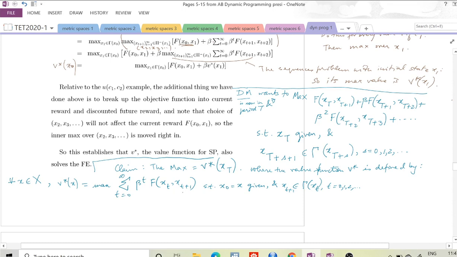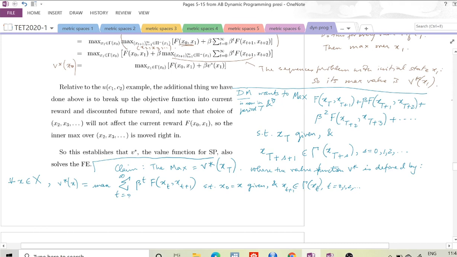So we're saying, suppose the decision-making problem now is at time capital T, okay? So the decision maker has a discounted present value over rewards or returns from capital T to infinity, and starts with x capital T, right? So the assertion is that the max here will be nothing but V star of x capital T. So in particular, this functional form for the value function is exactly what it was at time t equals 0.